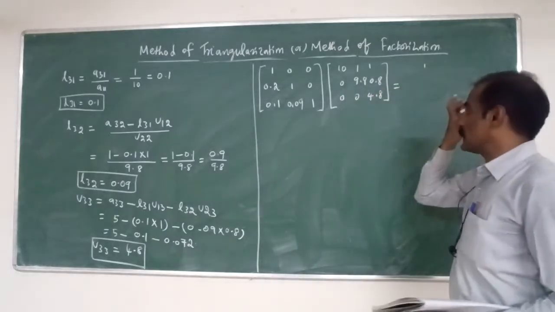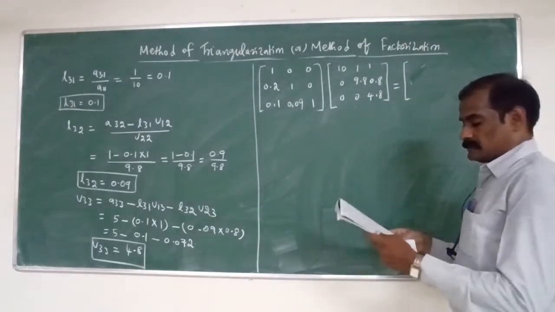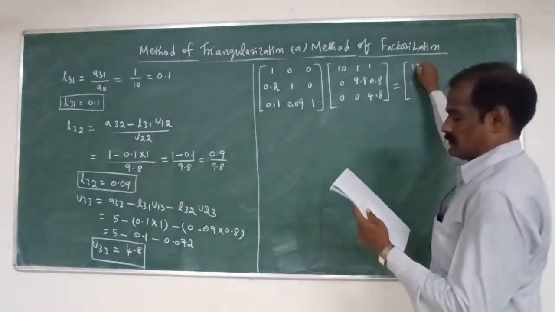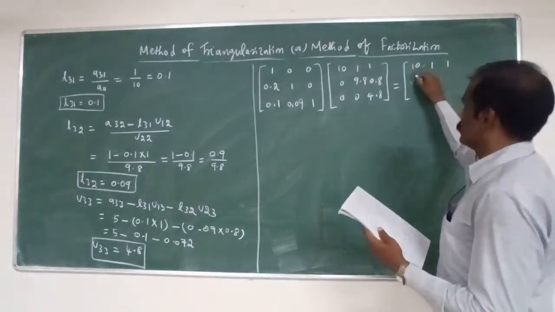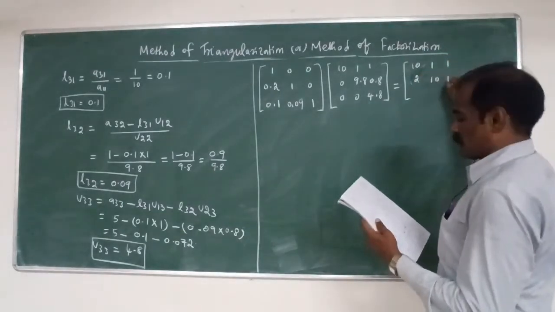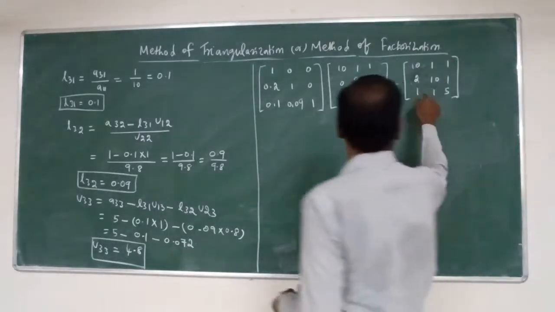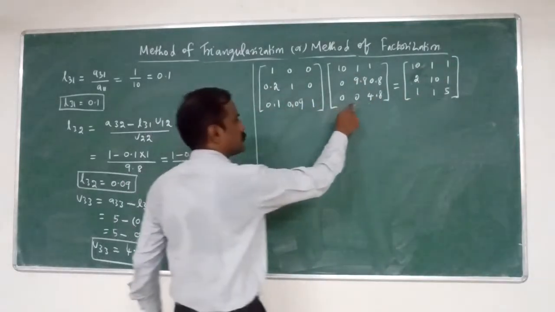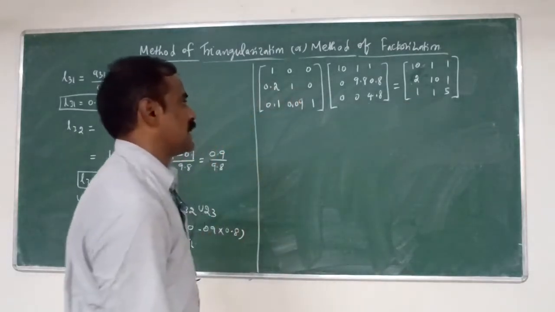This is L, this is U, and this is the A value: 10, 1, 1; 2, 10, 1; 1, 1, 5. This is the L value, this is the U value, and this is the A value.